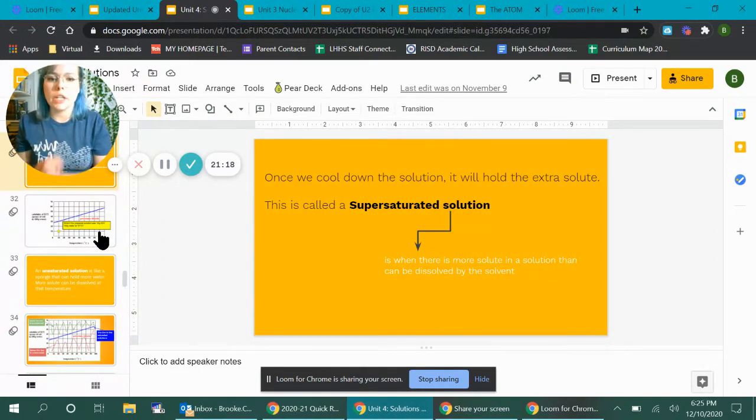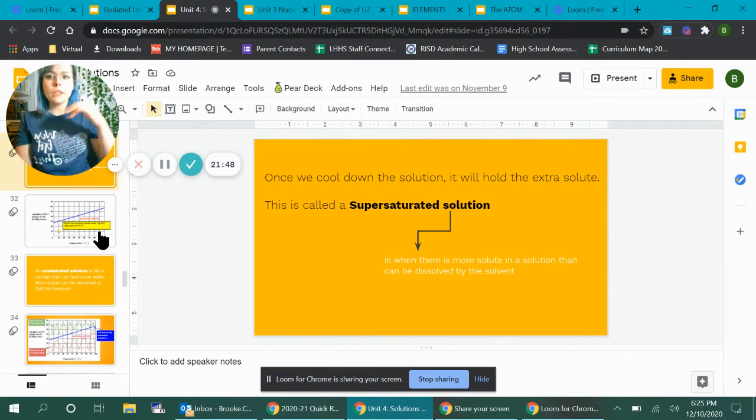Okay, supersaturated. When we have more solute in a solution than can usually be dissolved by the solvent. And how do we get there? We actually have to increase the temperature, add the solute until we get to the point of solubility at that temperature, and then cool the solution down, and it will still be at the same amount of grams of solute in that amount of, 100 grams of water or whatever.